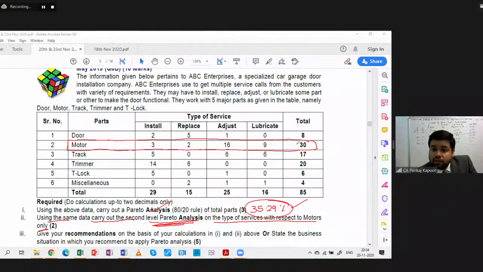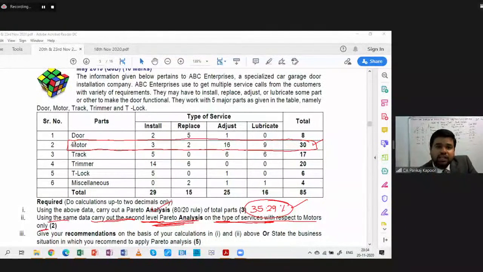Hence, they ask us to apply the Pareto a second time on the motor itself, on the type of services. This time we consider which service is significant for us.